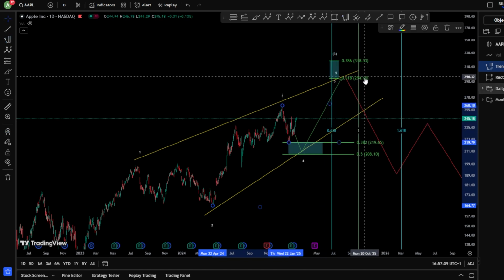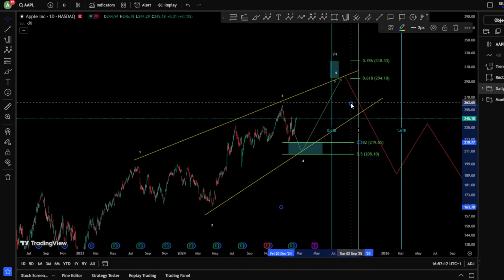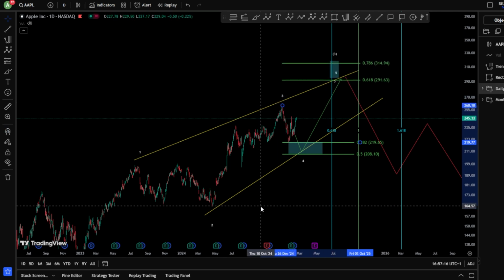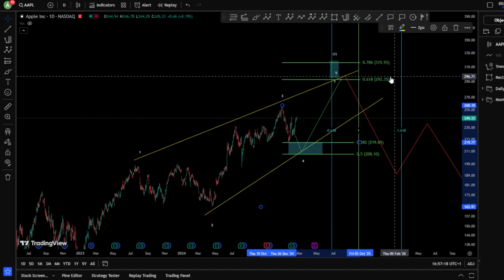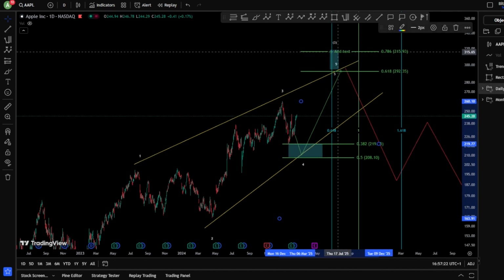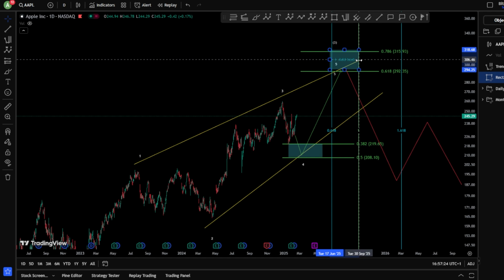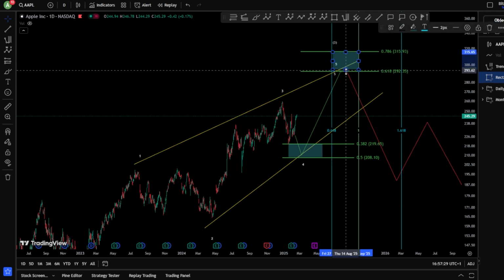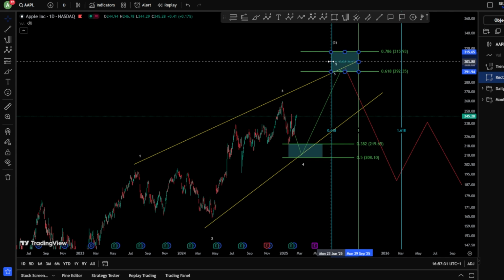So this, yeah, between the 1-to-1 and exactly here. Here we go. Let me check. Is this one? Yes, perfect. So yeah, the timing would be exactly between the 1-to-1 fib level here and the 0.618 for this wave 5. Here we go.